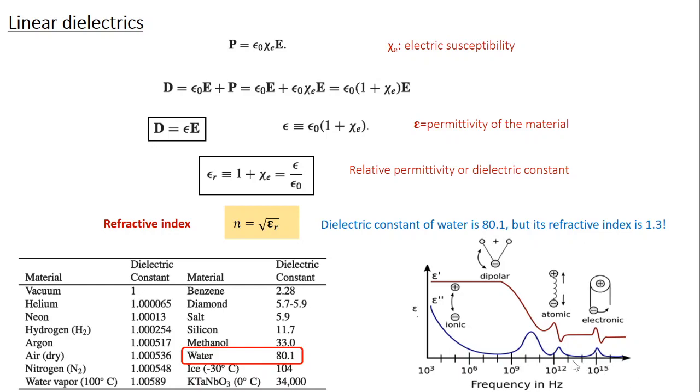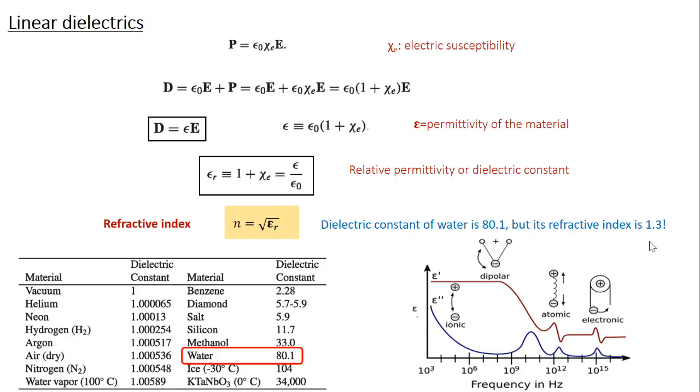So we are talking about this region where the contribution to permittivity comes only from electrons. So the value of dielectric constant of water at visible light frequency is very low. It's way lower than 80.1. It's around 1.7, and if you take square root of that, you get 1.3.